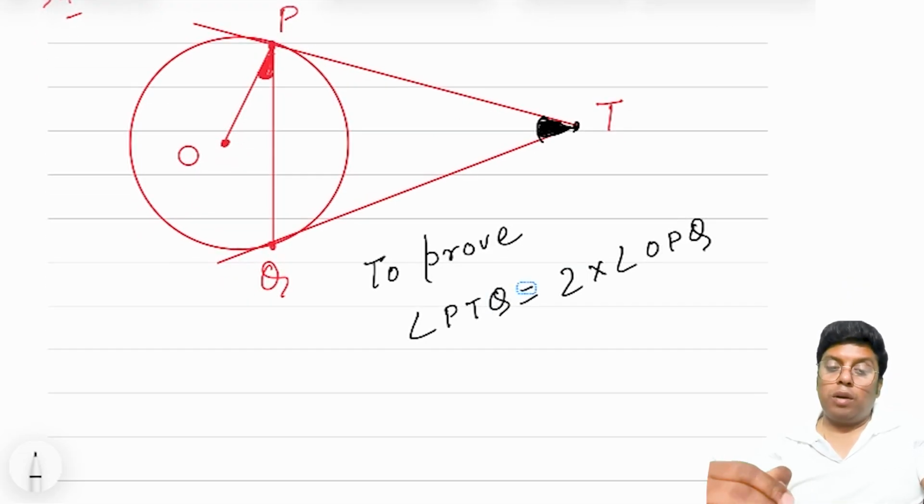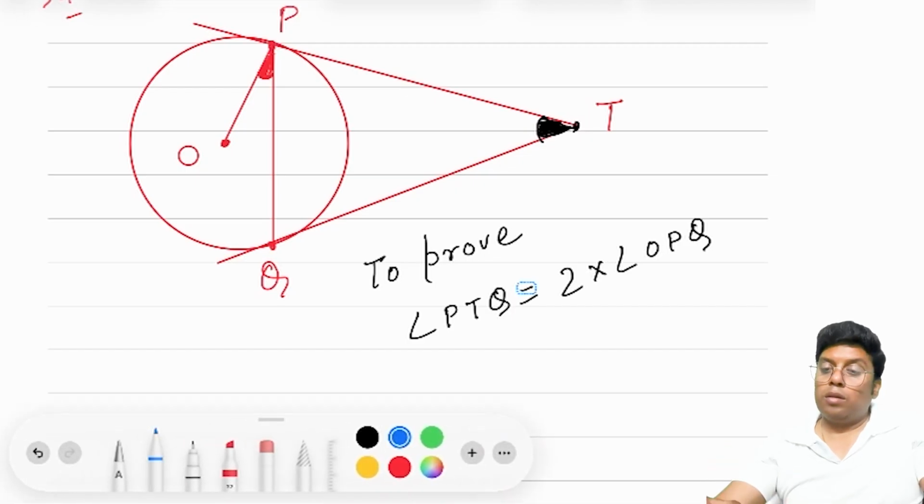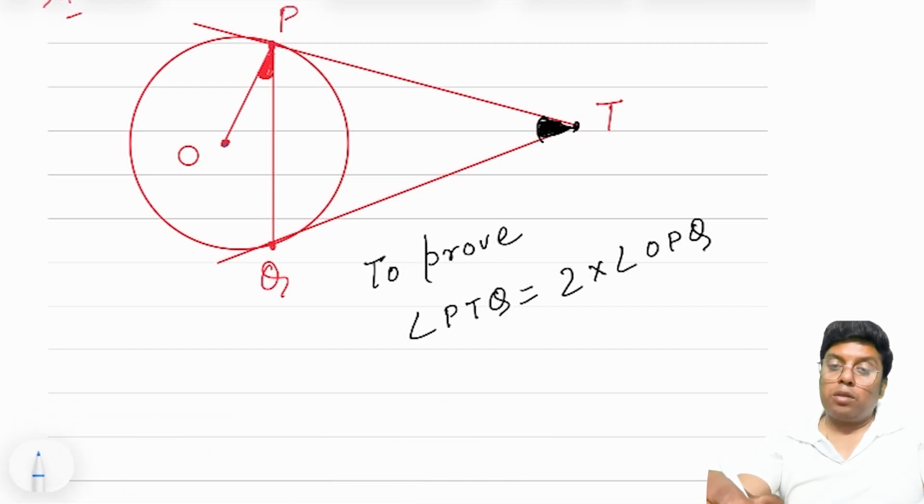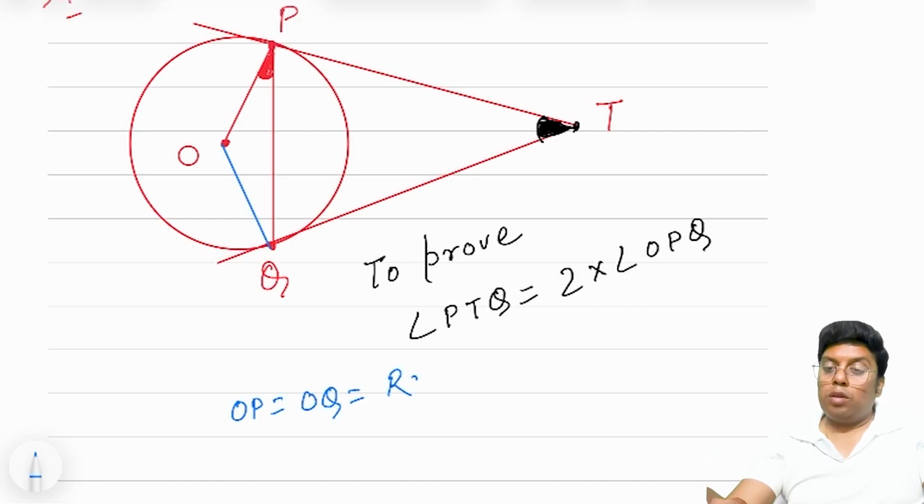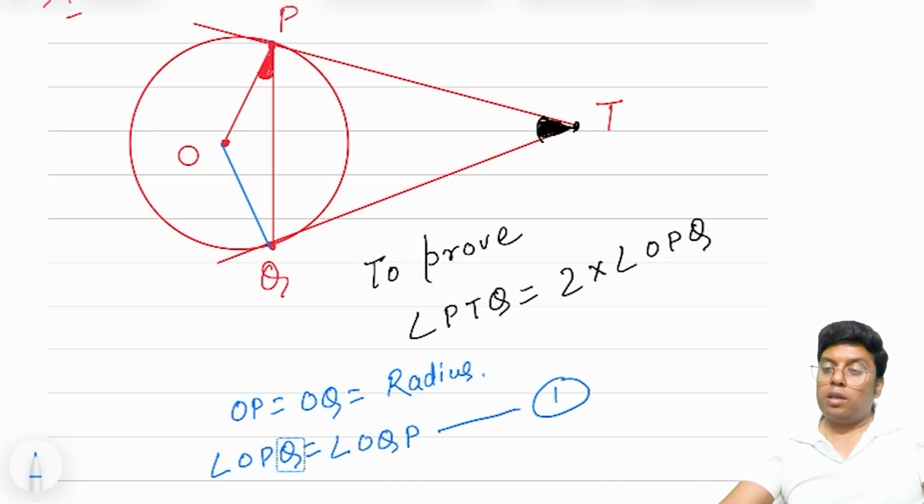So let's join points O and Q. Since OP is equal to OQ, both are radius of the same circle, which means that angle OPQ is equal to angle OQP. Let's take this relation as equation 1.